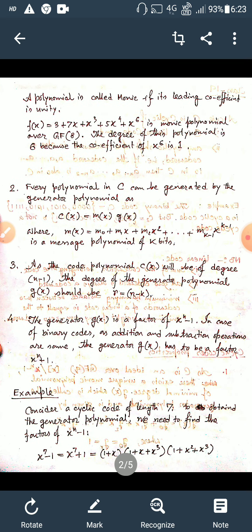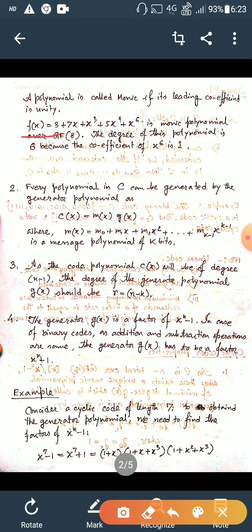Now let's check an example of how to identify a monic polynomial. An example is given for the variable x: f(x) is equal to 3 plus 7x plus x cube plus 5x^4 plus x to the power of 6. If we individually check the coefficients, the first is 3, the second is 7, x cube has 1, and 5.